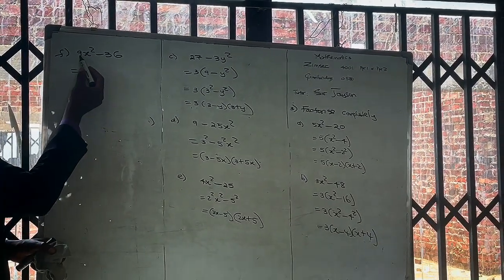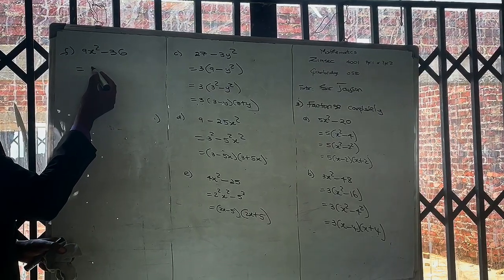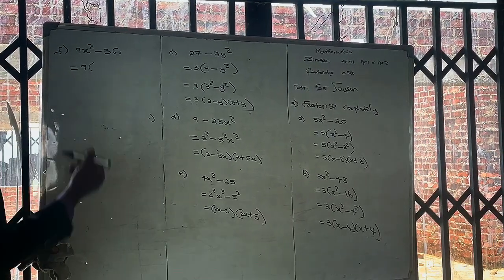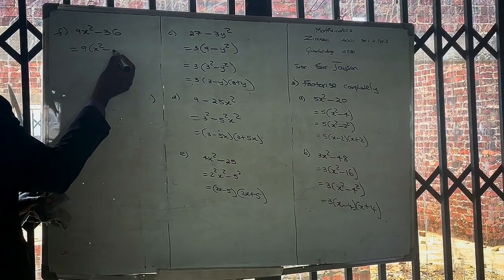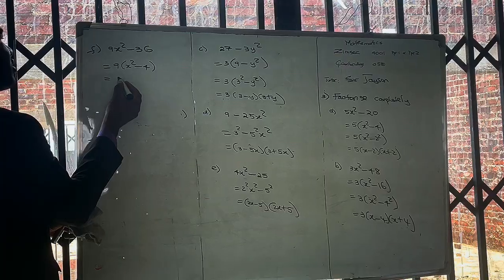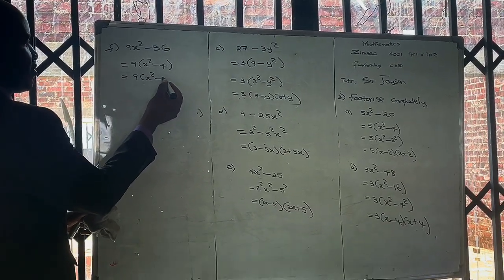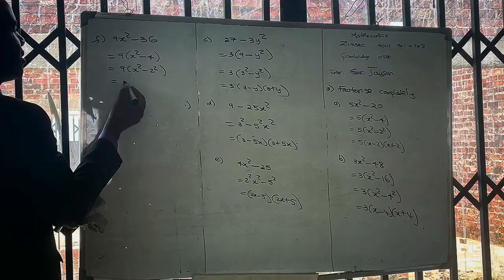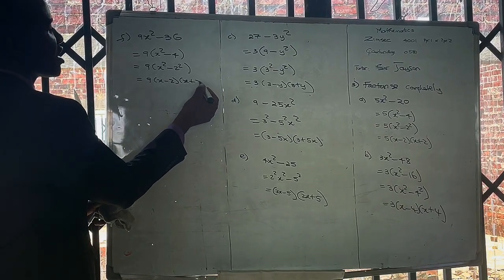The first one is realizing that 9 is a factor of 36. So we factor out 9. After factoring out 9, we now have x squared minus 4, that's 2 squared. Then we have 9, and x minus 2, x plus 2.